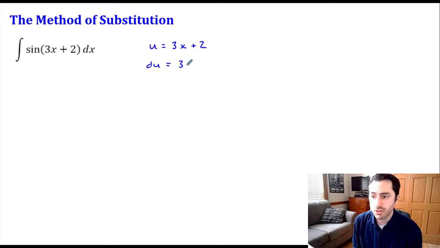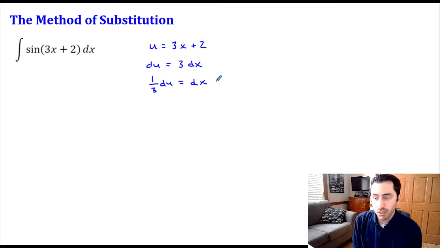And since we're taking the derivative with respect to x, we have a dx here. Now I want to get dx isolated, so I'm going to divide both sides by 3. What I end up with is 1/3 times du is equal to dx.